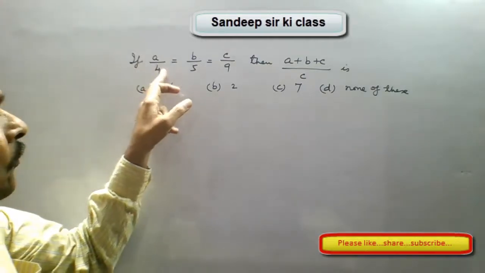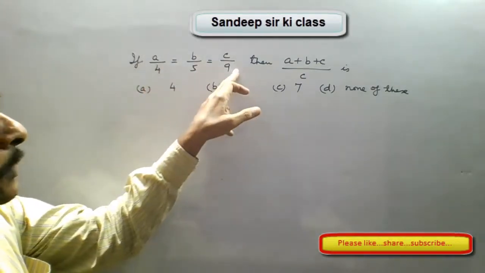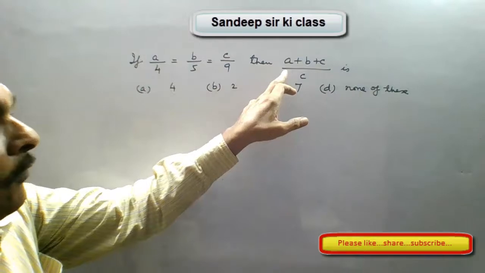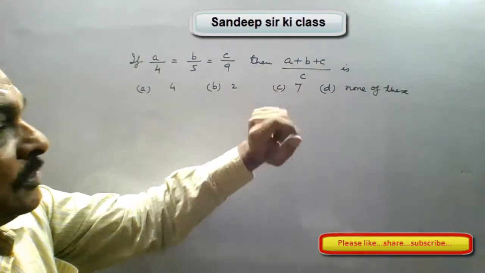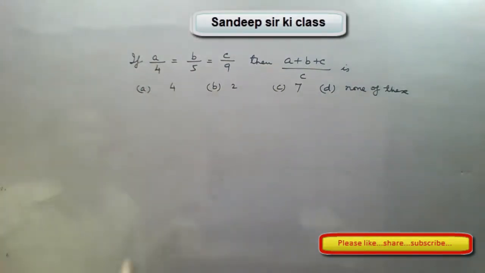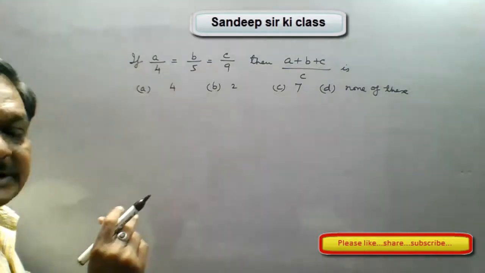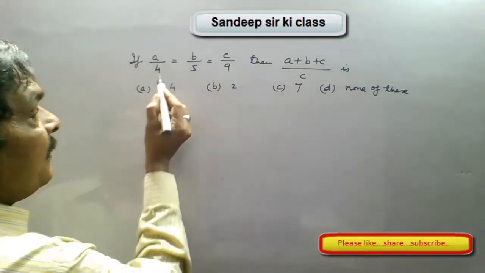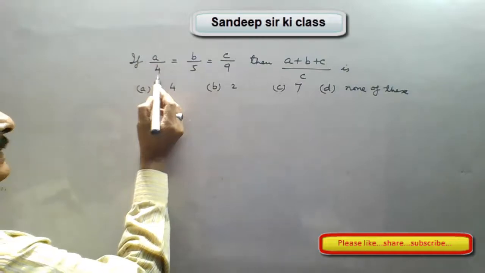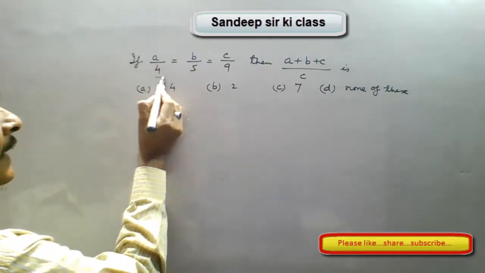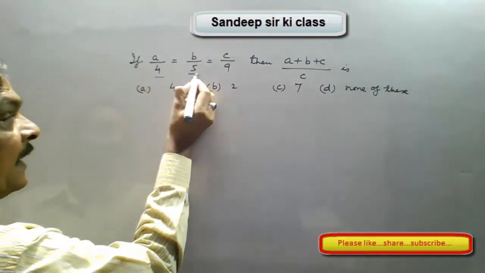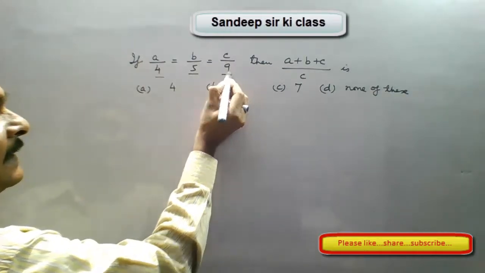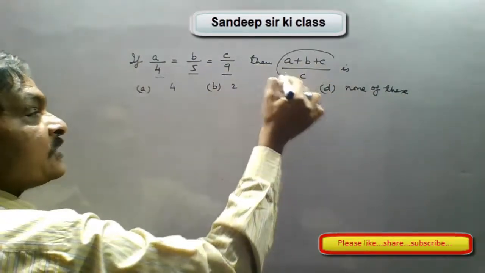If A upon 4 is equal to B upon 5 equal to C upon 9, the value of A plus B plus C upon C is, and these are the options given to us. Now we have seen such problem earlier also. What we do in such problems is that instead of A we write 4, for B we write 5, and for C we write 9 and calculate this value.